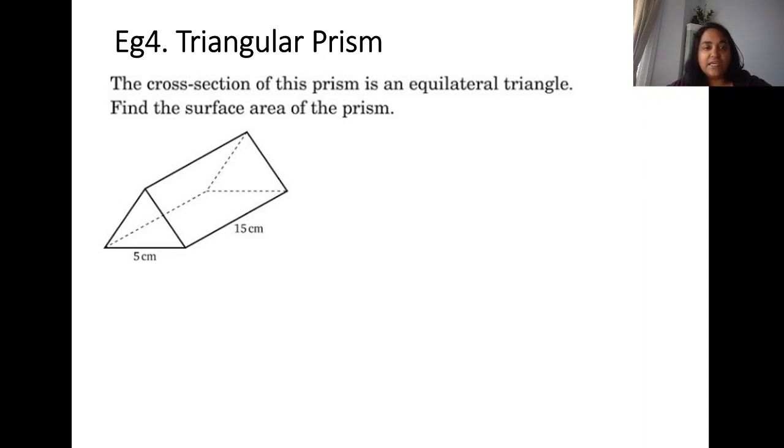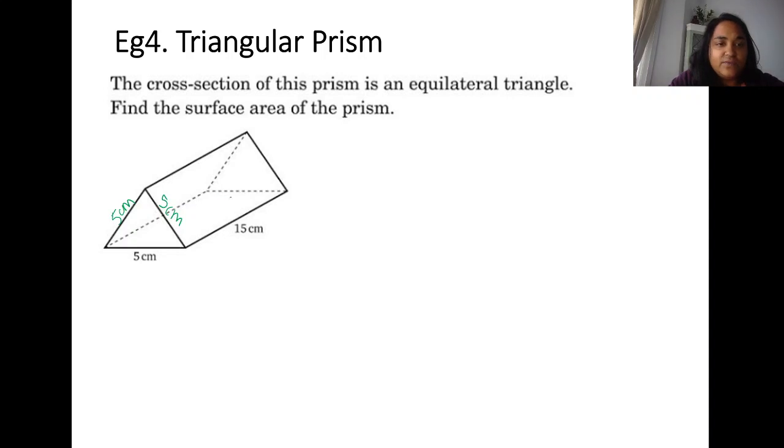So we need to think about the faces carefully. The first three are actually quite straightforward because an equilateral triangle means that this length is 5 centimetres and this length is 5 centimetres. Oh, I didn't tell you to pause, by the way. Please pause the video and actually copy the shape out into your books, and then we can work it out together.